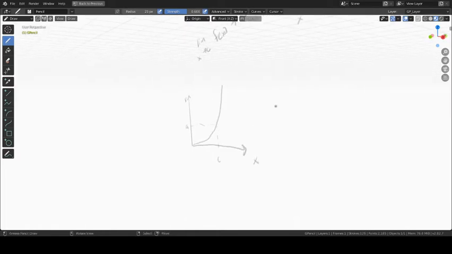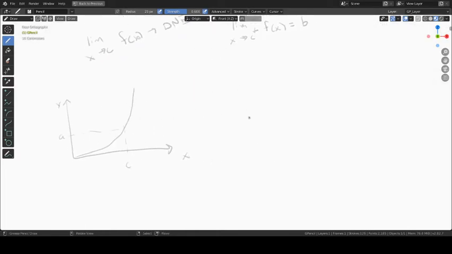So the limit, and we'll call this g of x, the limit as x is approaching c of g of x is going to be a. Also, g of c is equal to a. So the value of the function at c is equal to a.